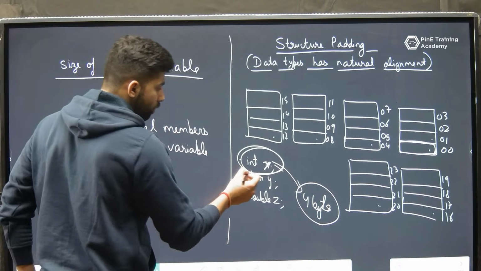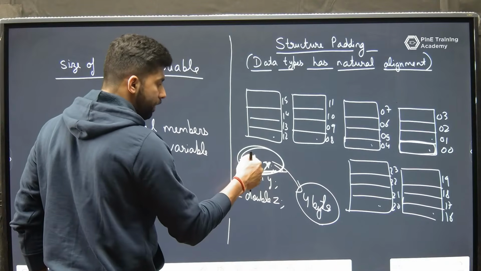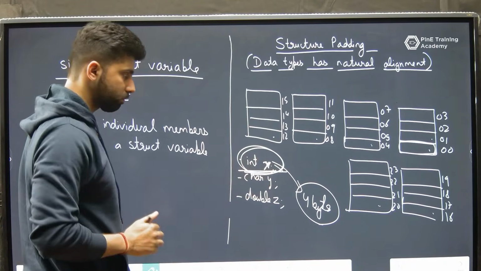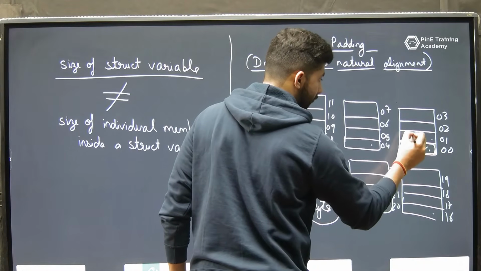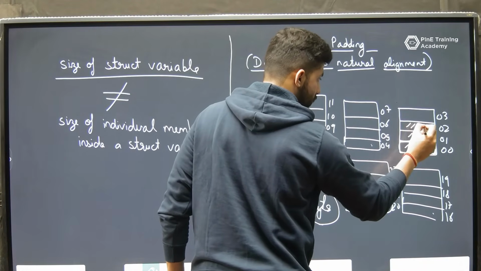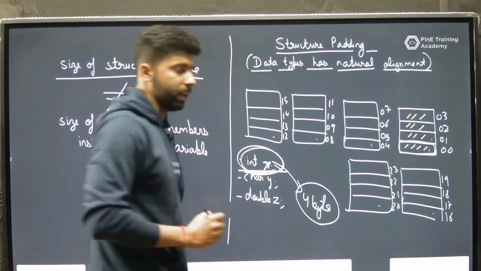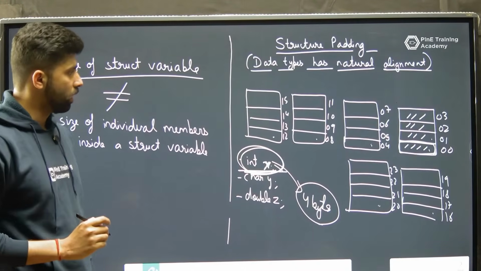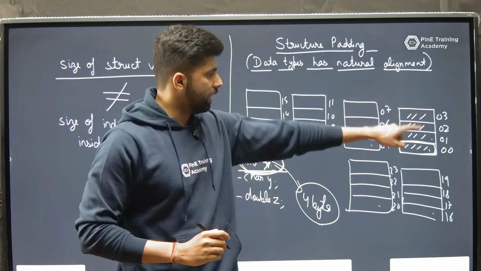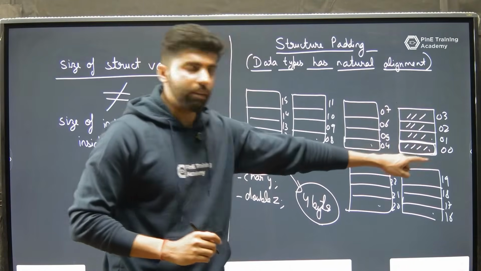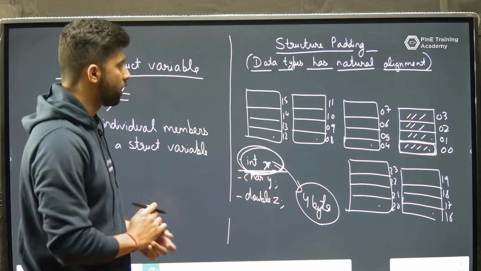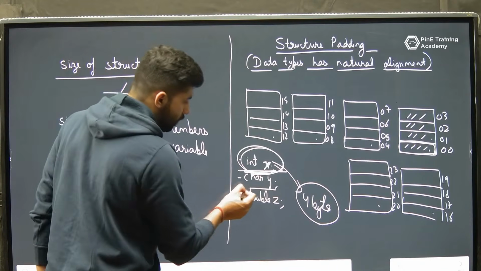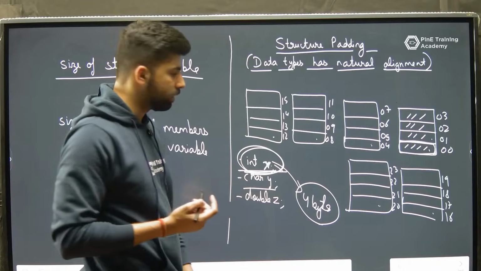So we have int x which takes 4 bytes. So this byte, this byte, this byte, and this byte. So this space is taken by our integer. Next, we have character.